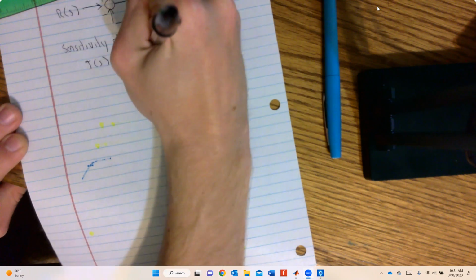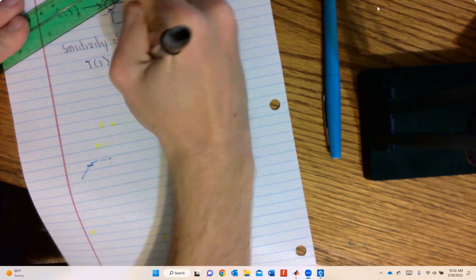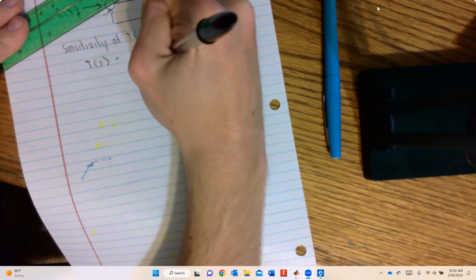So T of S equals K over S squared plus A S plus K, when you solve for it.